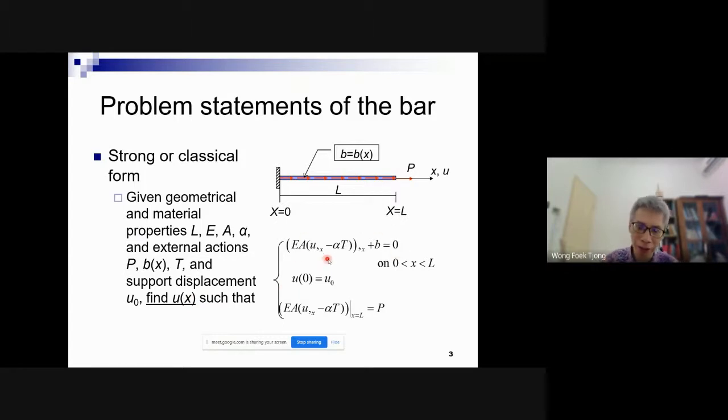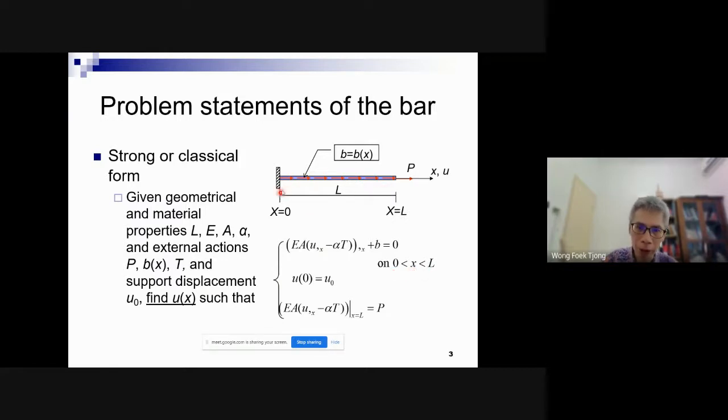The first one is the governing differential equations, okay? That's actually comes from equilibrium equations. This is the normal force, derivative of the normal force in equilibrium with the external force in the body, okay, along the bar. It means x from 0 to L here, okay.